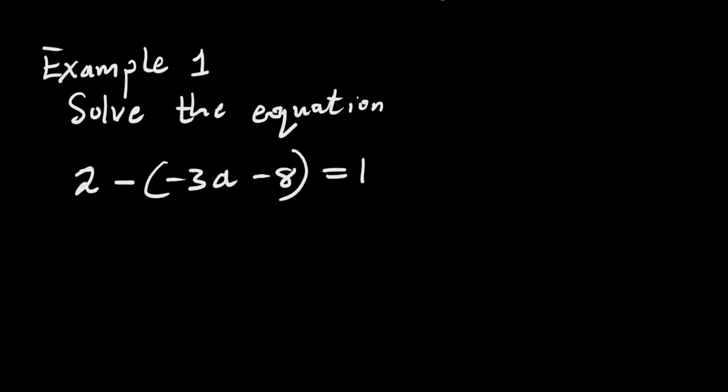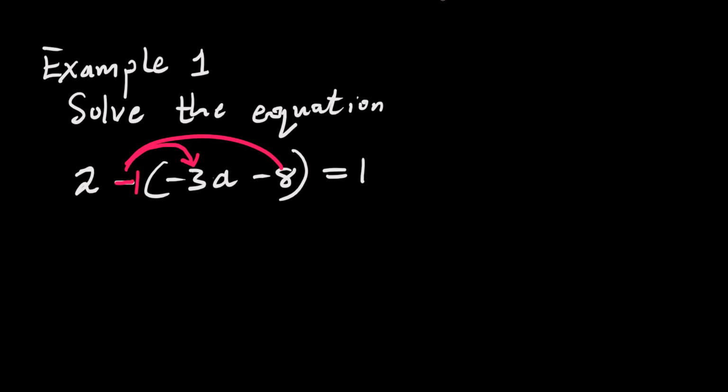And please note that whenever you have a negative sign before the parentheses, consider it as negative 1. So we are going to distribute this negative 1 into the content of the parentheses. In other words, we are going to multiply the content of the parentheses by negative 1.